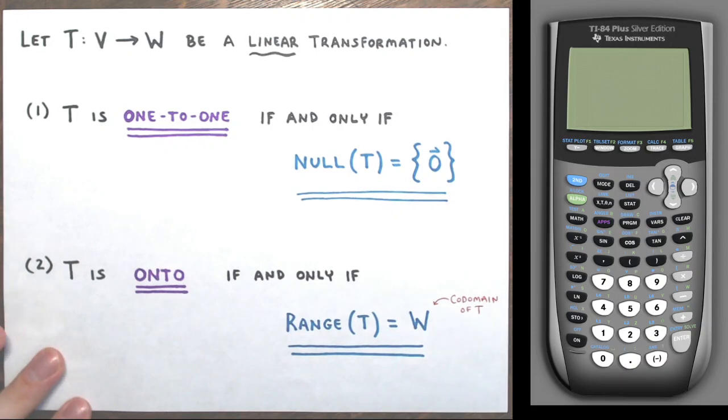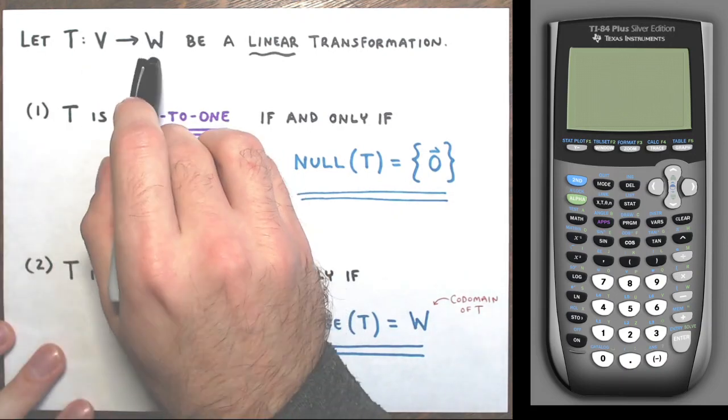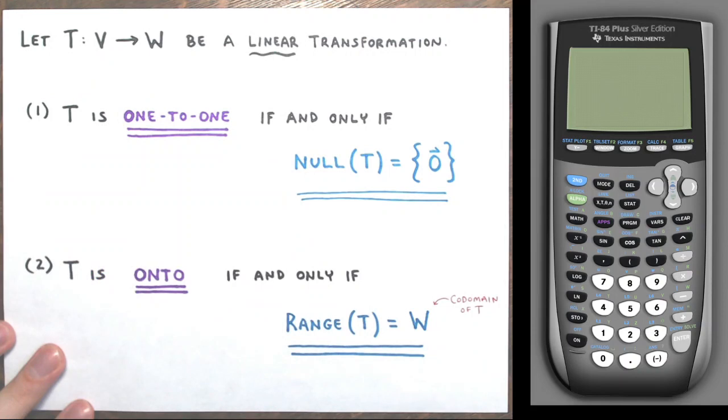Onto simply means that every value of the codomain is in the range. That's exactly what this is saying here. So this is basically the definition of onto. Another way to put it is every element of W, every element of the codomain, has a non-empty pre-image. That means there's some element of the domain that maps to it.